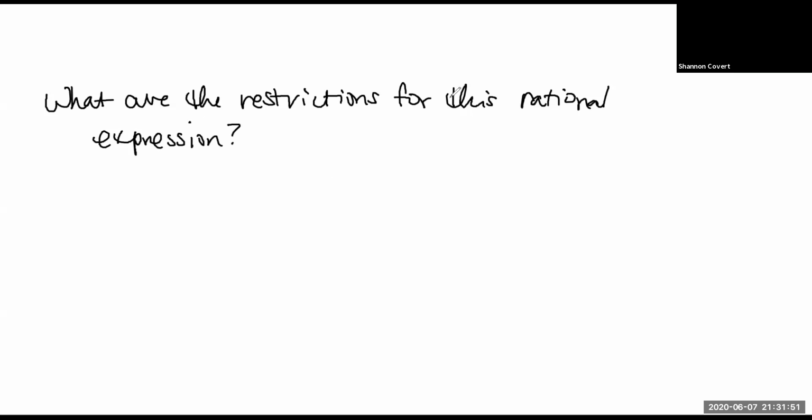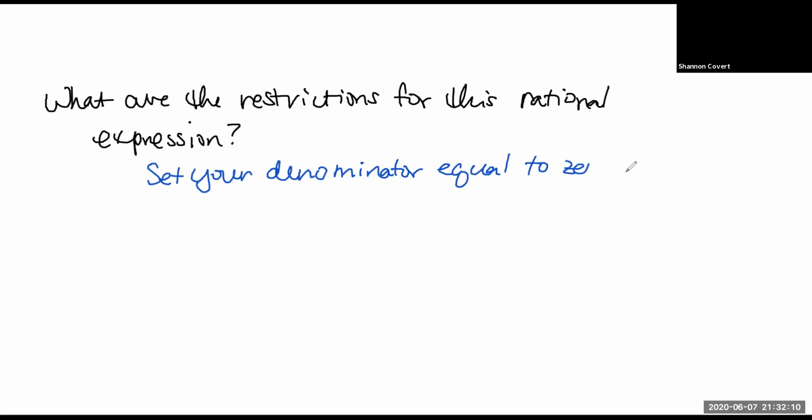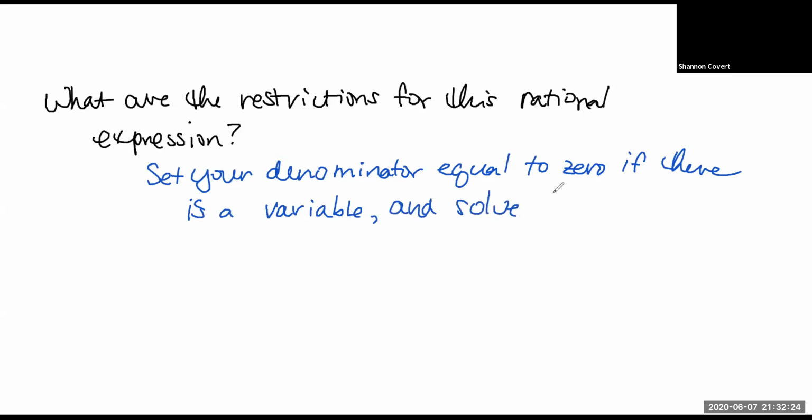When you are asked that question, what it's really asking you to do is set your denominator equal to 0, if there is a variable, and solve for the variable.